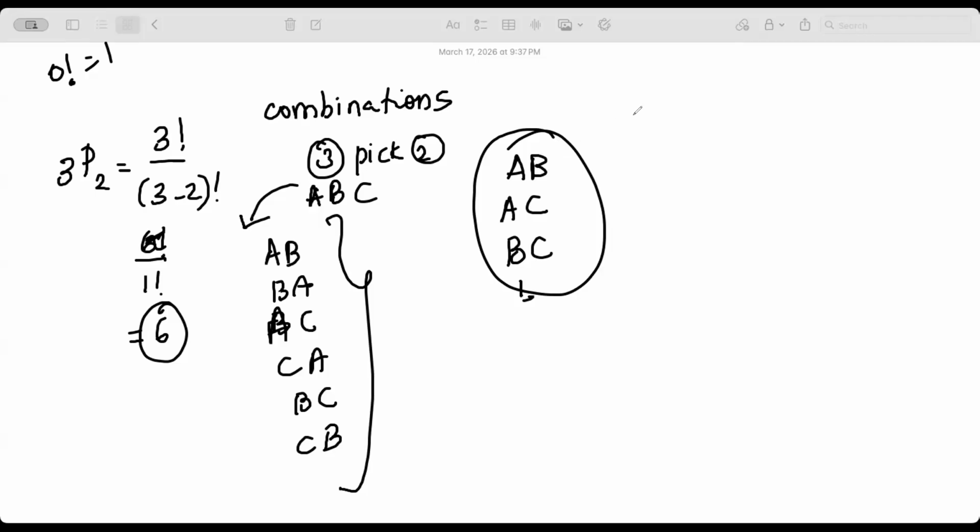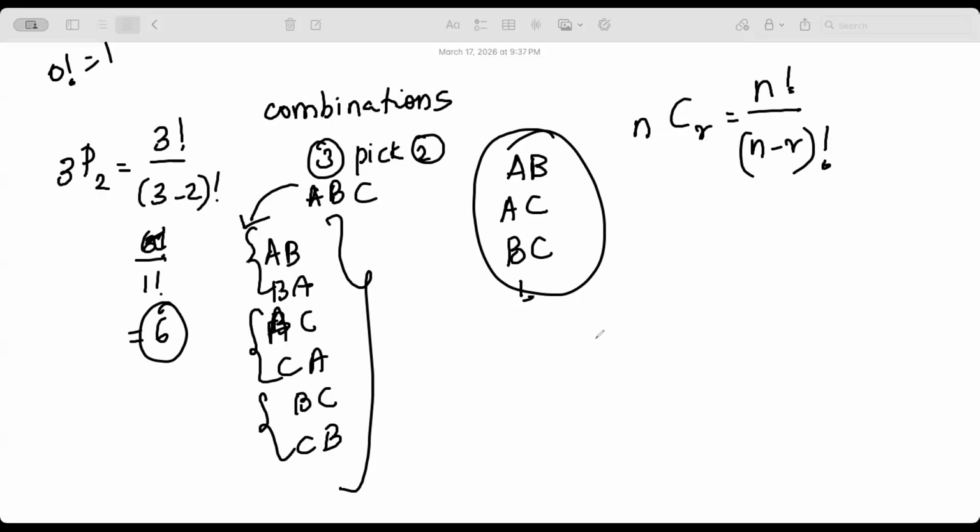When I don't want the order, it becomes combinations. I can write that as n combine r, n choose r basically. The formula for n choose r is the same thing, n factorial by n minus r factorial. But the duplicates, these two are duplicates, these two are duplicates, these two are duplicates, need to be filtered out, right?